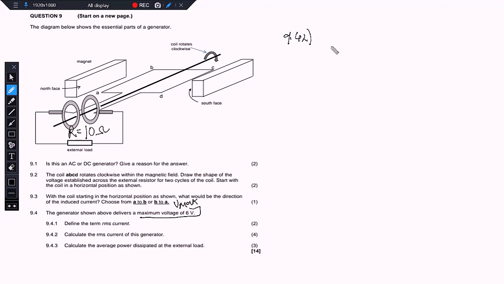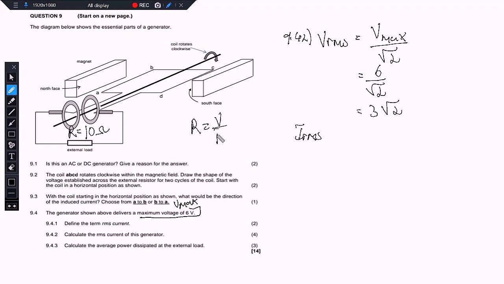So to calculate that, we will start by first calculating the VRMS, and then this is Vmax over root 2. So the Vmax is 6, and then over root 2, we punch that into our calculator, we get 3 root 2, right? And then to then calculate the IRMS from our equation, R is equal to V over I, we can make I the subject of the formula.